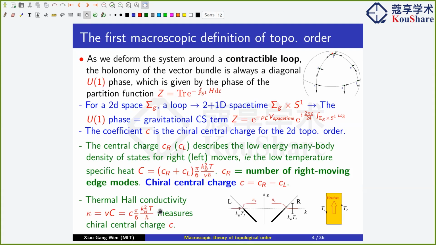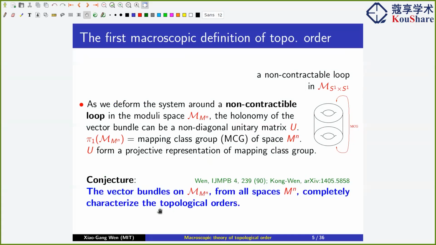Okay. So this is the Berry phase of the central charge factor. And actually, what is more important is another one. Sometimes this moduli space of coupling constants has non-contractible loops. And around these non-contractible loops, this unitary matrix can be non-diagonal.